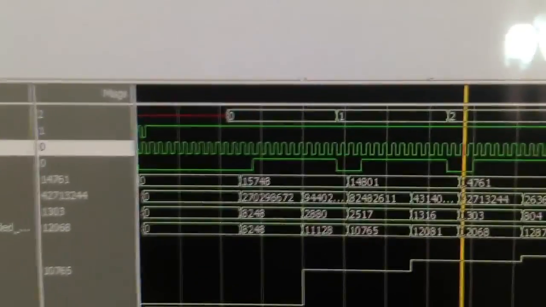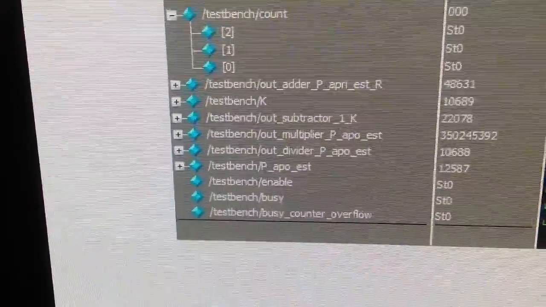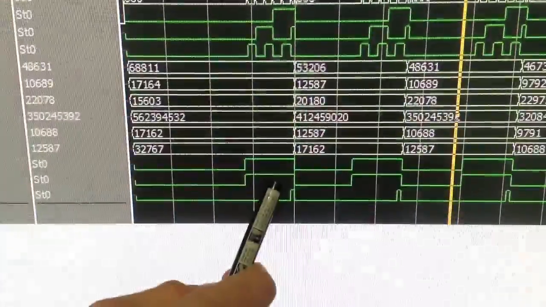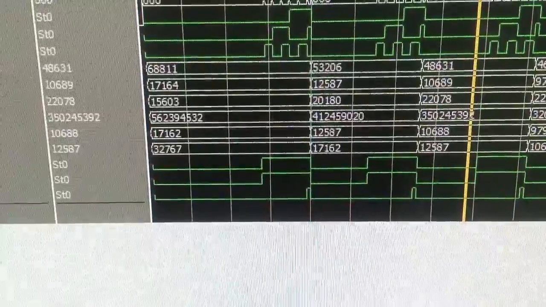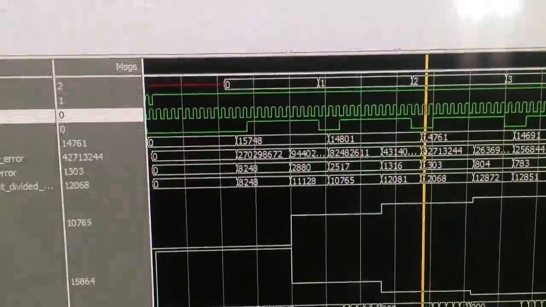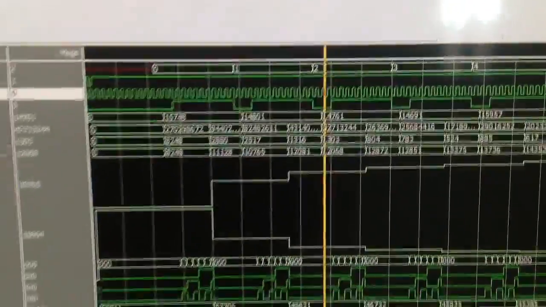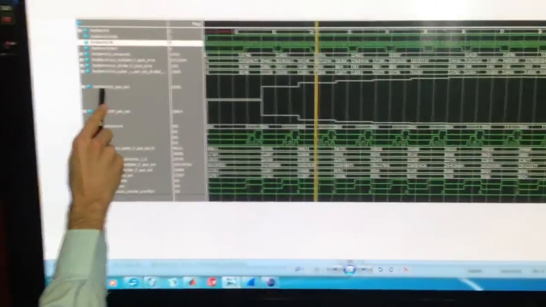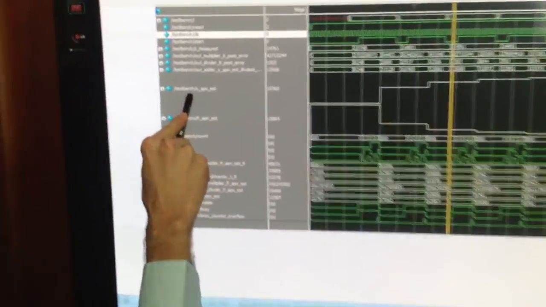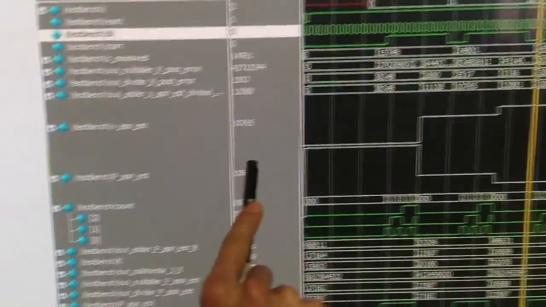Immediately the control unit responds with the busy flag high, and when it turns to 0, the evaluation is done, and the processor can clear the start flag, load new data, and send another data to be evaluated, and so on. We can see the estimate of the measure and the estimate of the covariance.